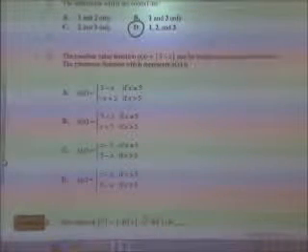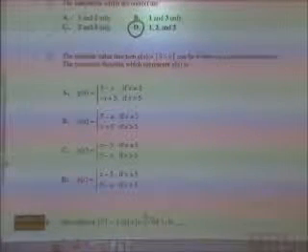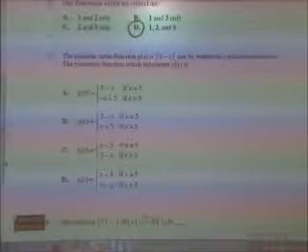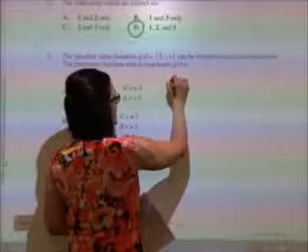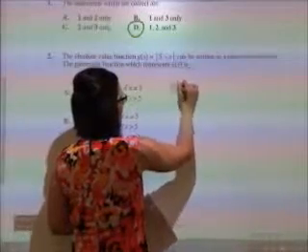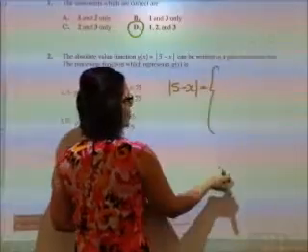Okay? Question number 2, the absolute value of a function g of x, which is the absolute value of 5 minus x, can be written as a piecewise function. The piecewise function, which represents g of x, is what? So what I have is I take this absolute value of 5 minus x and I split it up into 2 parts.